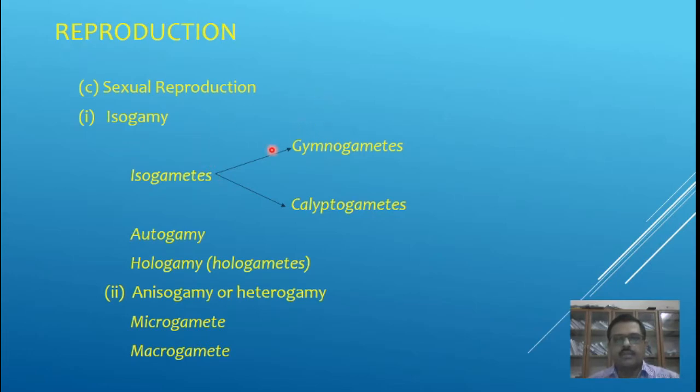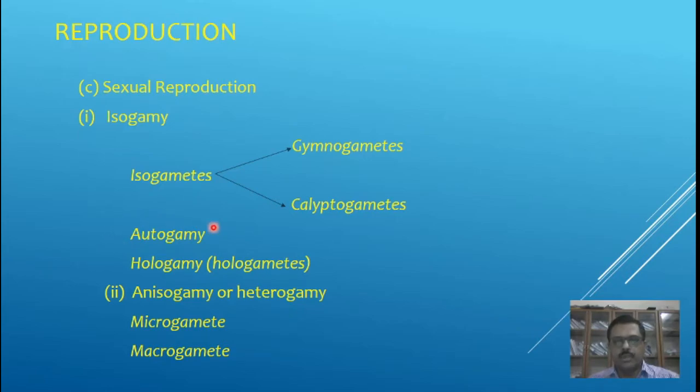And in some algae, these gametes are naked. They are called gymnogametes. And in some cases, they are covered. They have an external envelope. And they are called calyptogametes, gametes which are covered. In the case of diatoms, we find the presence of two different strains. There is positive and negative strains which are involved in fusion.